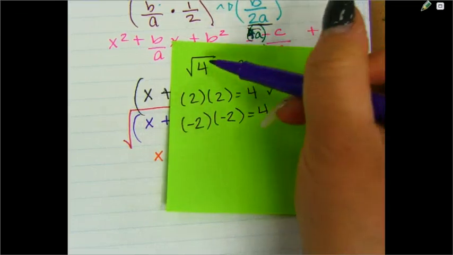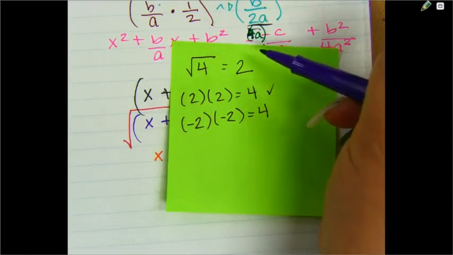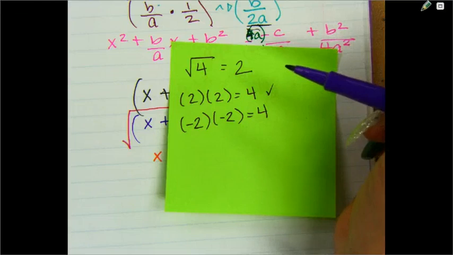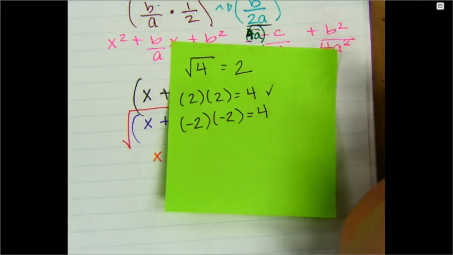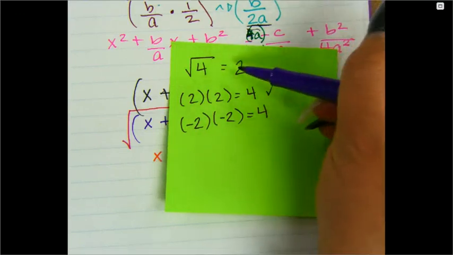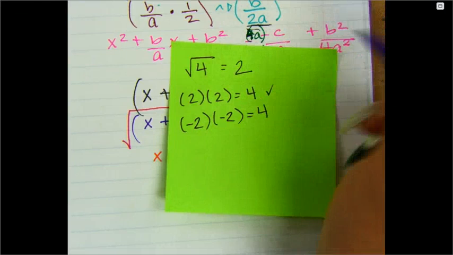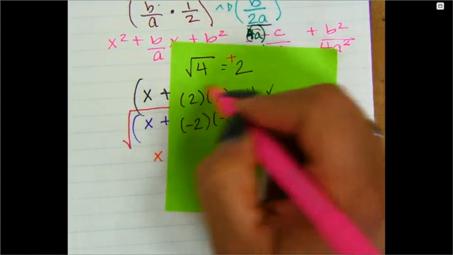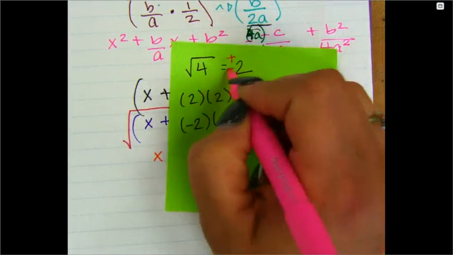But you told me the square root of 4 was only 2, which means that only 2 times 2 works. Negative 2 times negative 2 works too. Also. Correct? Oh my gosh. So, this is not necessarily 2. This is positive 2 and negative 2.